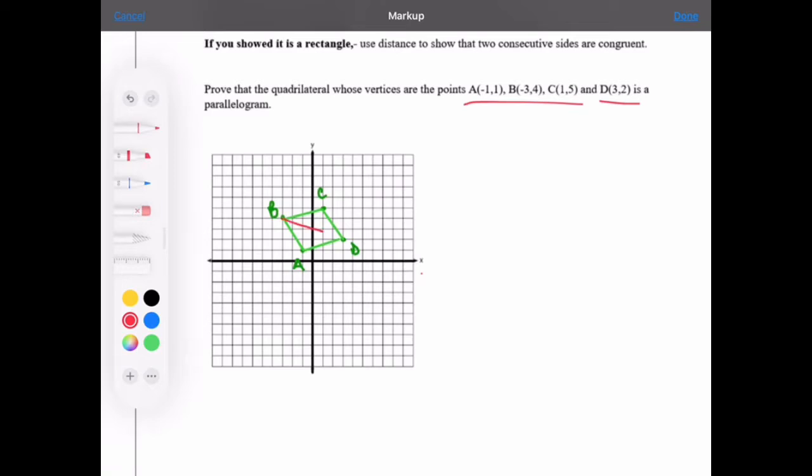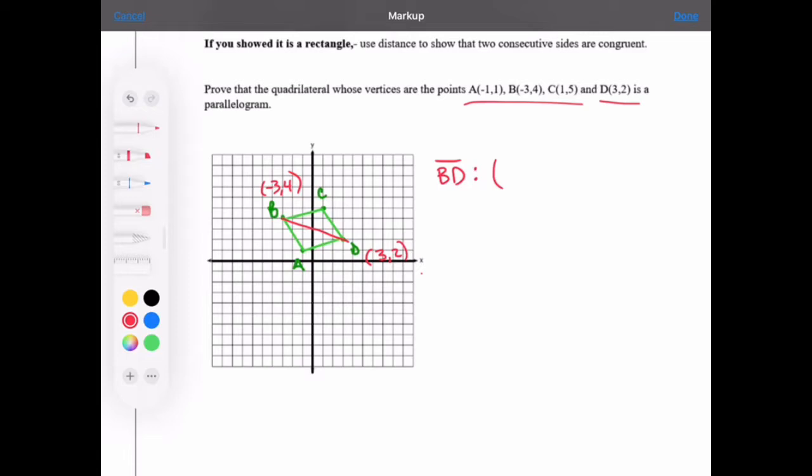So one of our diagonals is BD, right? And we have to find the midpoint of that. So B is negative 3, 4, and D is at 3, 2. Right?